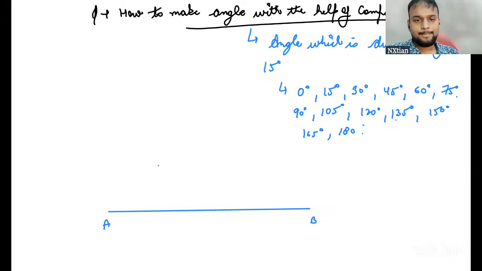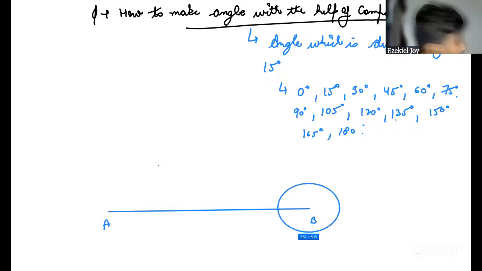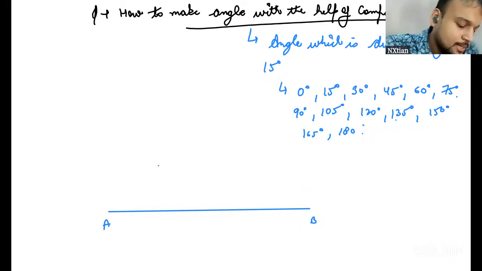Done? Now draw a semicircle like this. Open the compass, put the tip on B, and draw the semicircle. It can be any semicircle, no measurements.